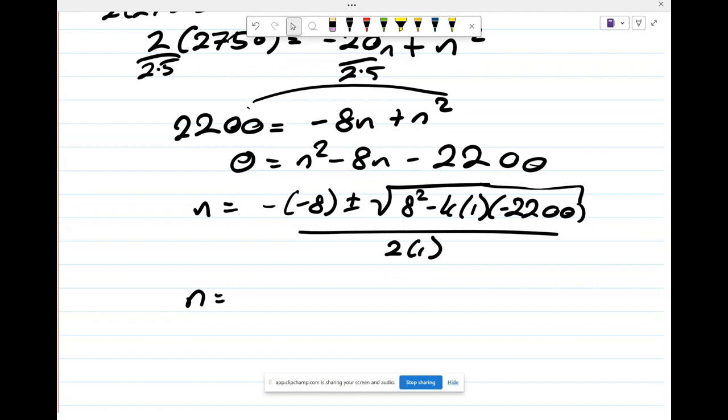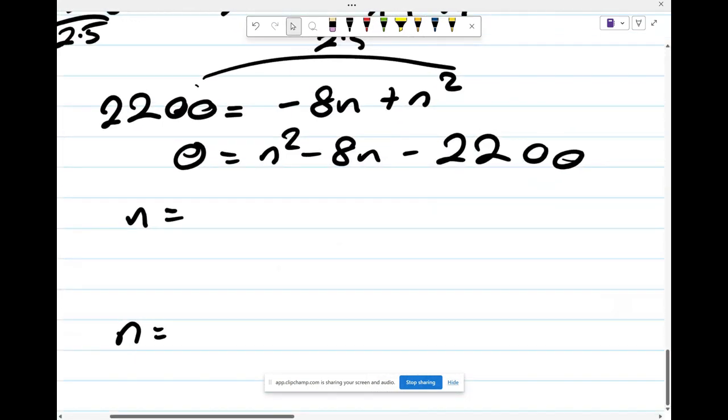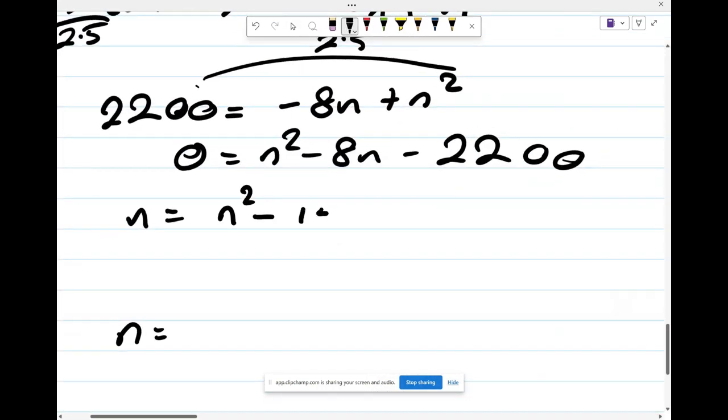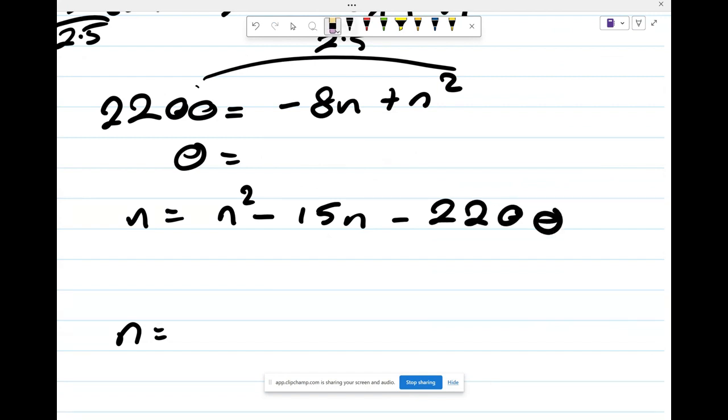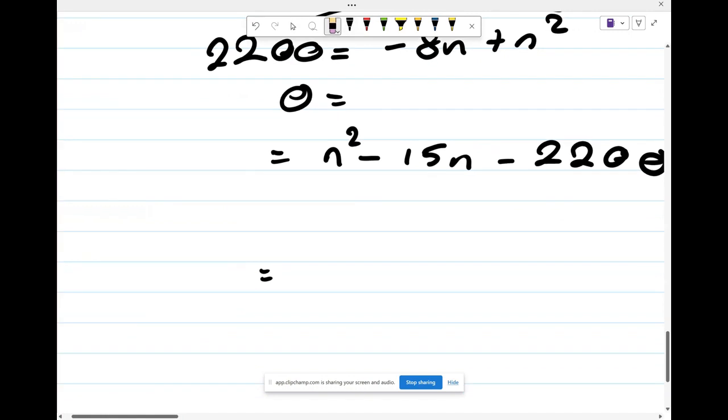Just hold on, let me check back. So the final quadratic you should get is n squared minus 15n minus 2200. So that's just a calculation error I made earlier, but that's okay.